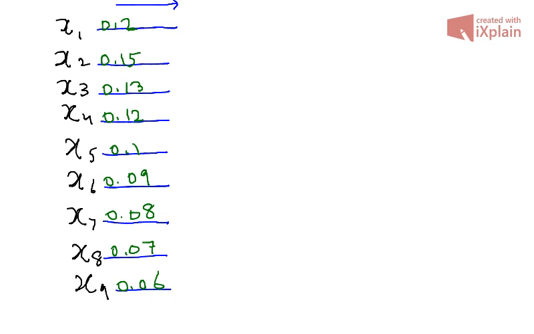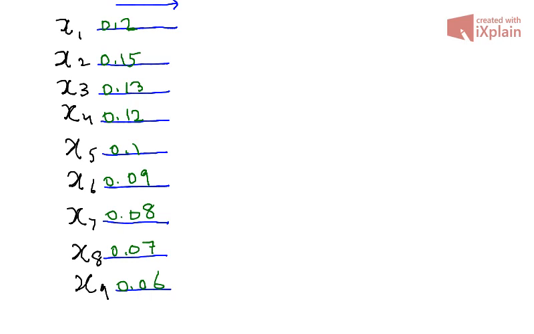So x1 is more frequently used. If you take the example of the English language, the vowels a, e, i, o, u are the most frequently occurring letters, right? So the probability of a, e, i, o and u would be higher than q, x, z.